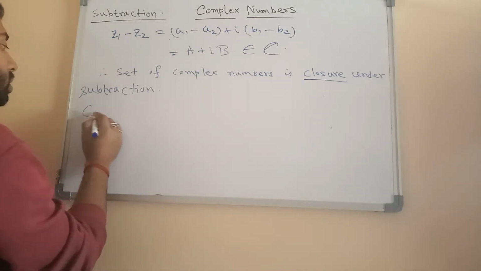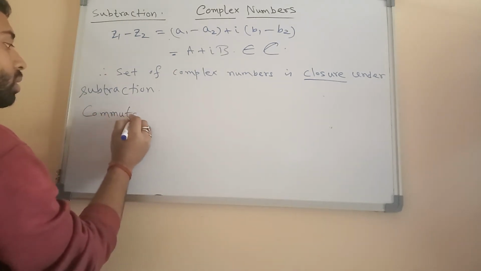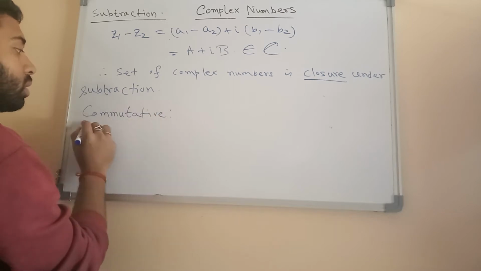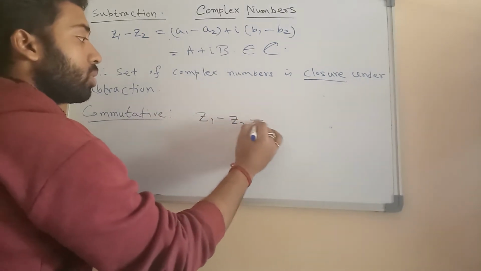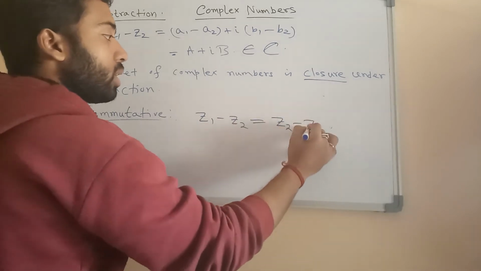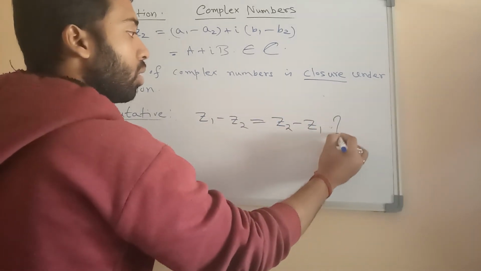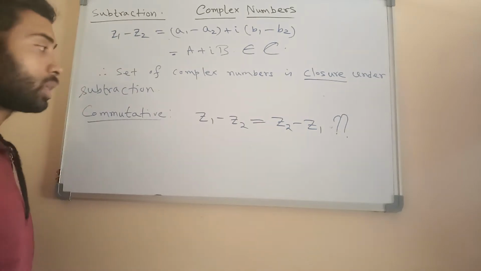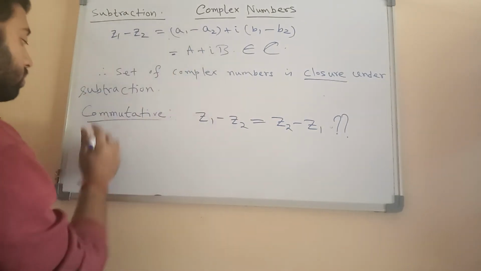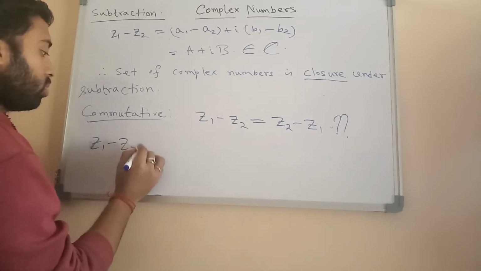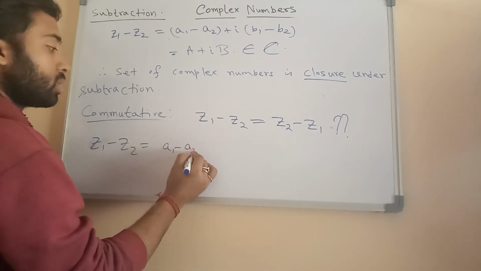Next, let us check the commutative property. That means whether z1 minus z2 equals z2 minus z1 or not. So we can see from above that z1 minus z2 is a1 minus a2 plus i into b1 minus b2.